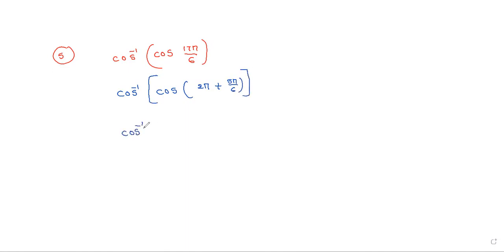Cos inverse of cos of 360 plus theta, 5 pi by 6. Cos inverse of cos theta is theta, so 5 pi by 6. Right.